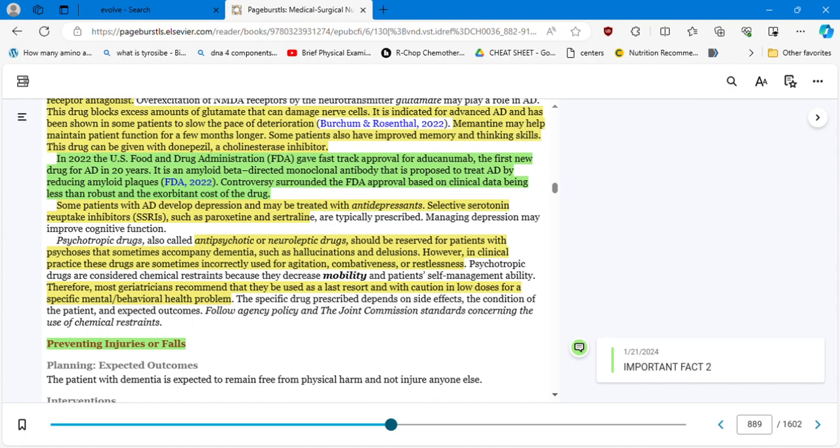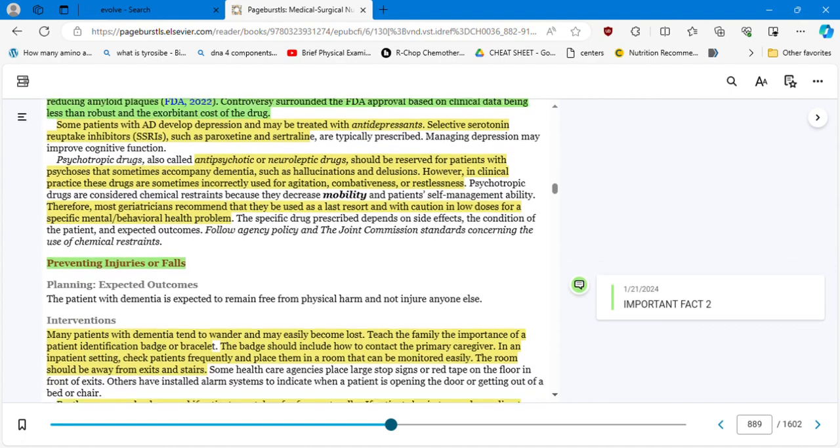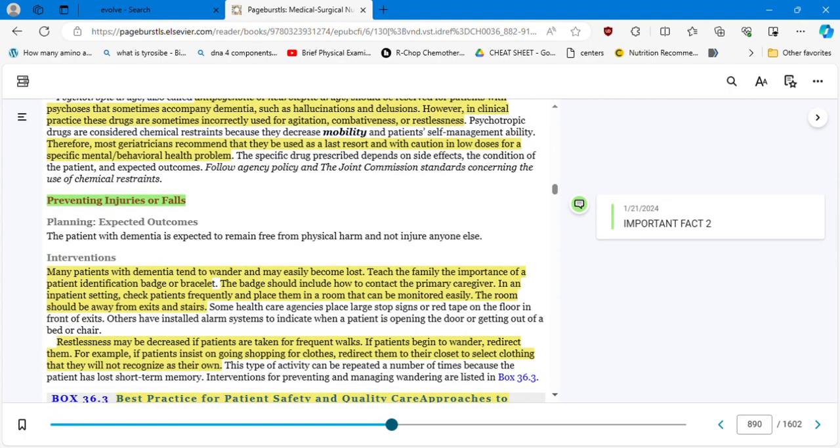Again, nurses, you are the last step between the doctor and the patient. You should know exactly what you are giving to the patient. Therefore, most geriatrics recommend that they be used as a last resort and with caution in low doses for specific mental behavioral health problems.